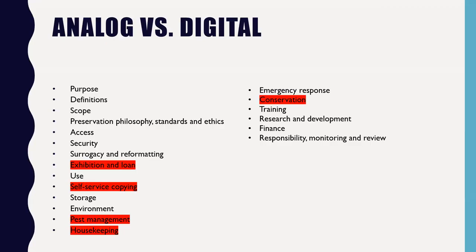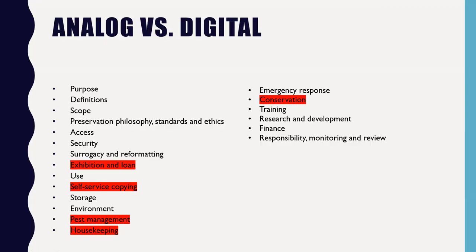But a lot of these are pretty similar, even if they were interpreted in different ways. So, for example, having a policy about what storage is going to look like. As we've talked about in this course, that's an important thing to have for digital preservation. And obviously, you want to make sure that your analog materials are stored in boxes and in an environment that is conducive to their long-term health.